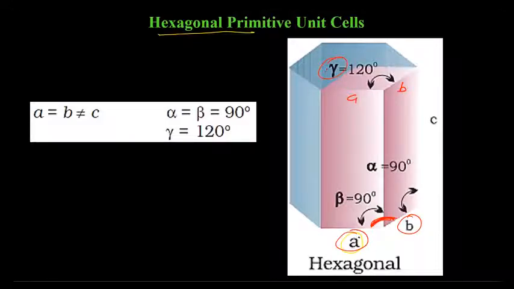Now angle alpha will be between B and C. Alpha will be between opposite sides.